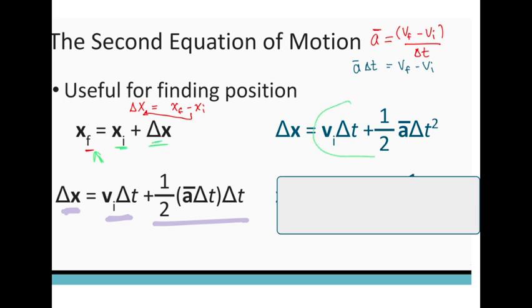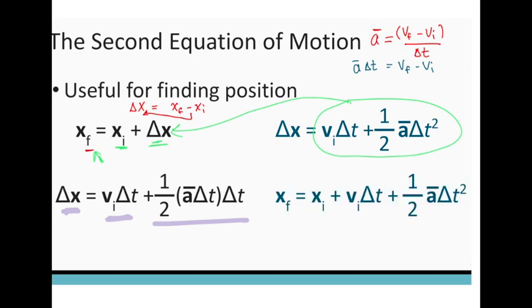I'm going to take this whole thing right here, and I'm going to replace it there. So we got this from how we solved for it. We're going to replace all of it. I'm going to say, well, to find my final position, I need my initial position, my initial velocity and my time, my acceleration and my time.